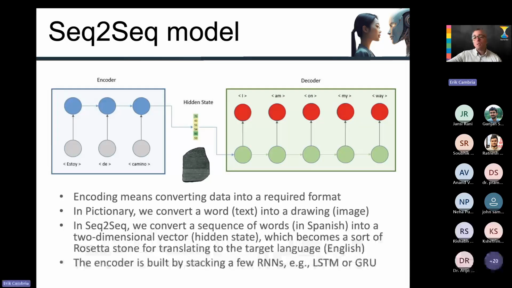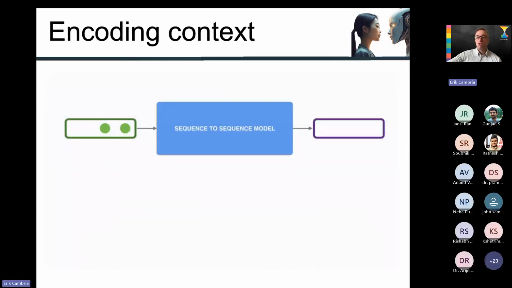So this sequence-to-sequence or encoder-decoder model, you could see it as a sort of Rosetta Stone that helps me encode and decode meaning, and in this specific case, translate from one language to another.